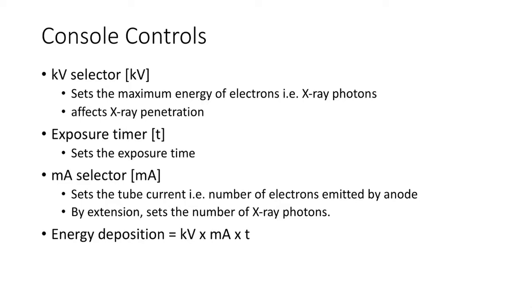Remember, the tube current refers to the amount of electrons that are traveling from the filament to the target. That is our tube current. And that tube current is selected effectively over here with the mA selector.